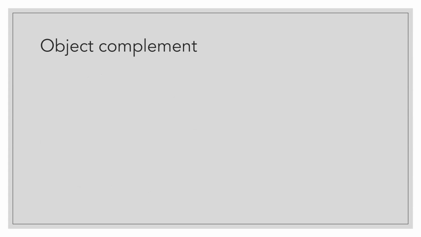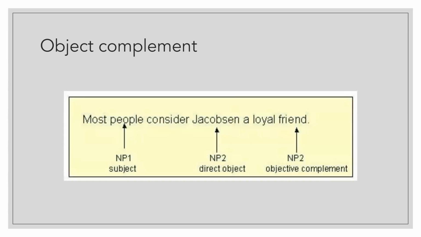Now, you can probably guess, going by what we just said about subject complements, what an object complement is. Okay, well, we have a direct object, and then we are equating that direct object with some other noun phrase, okay?